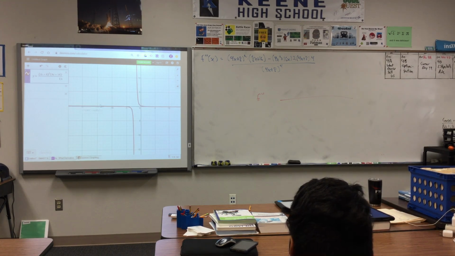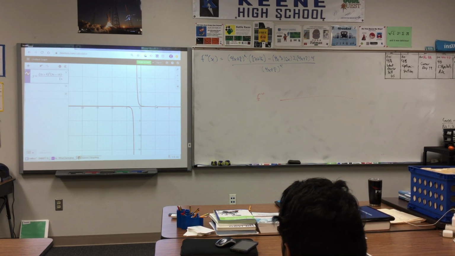I'm not seeing it equal 0 anywhere, are you? No. Do you see anywhere where it doesn't exist? I'm seeing one place where it doesn't exist. The asymptote. Yeah, that asymptote.